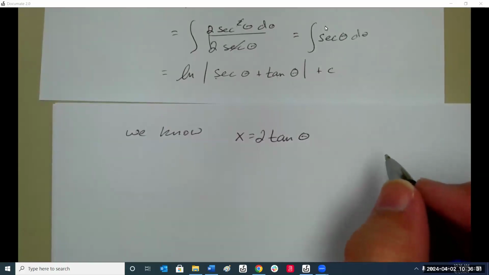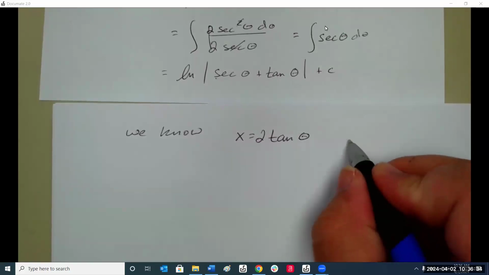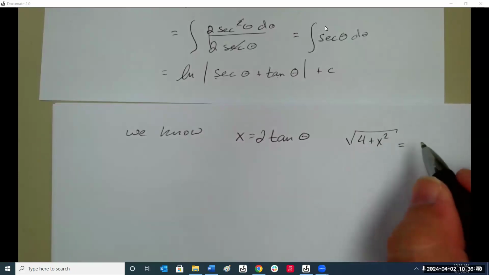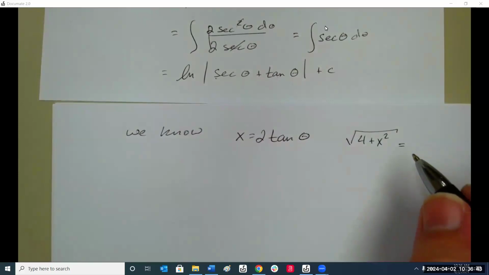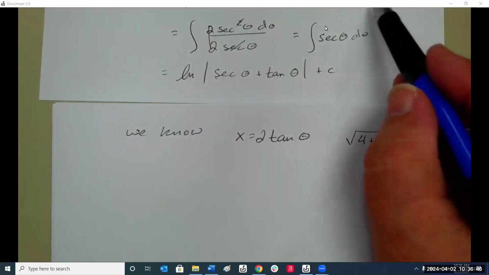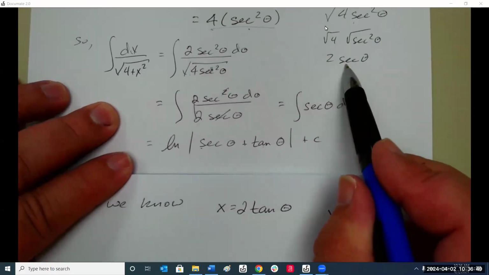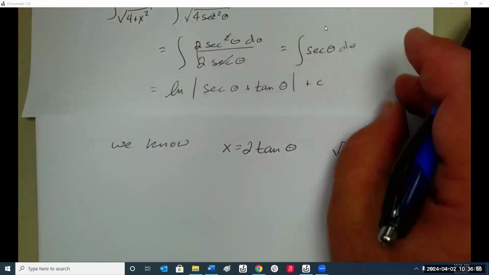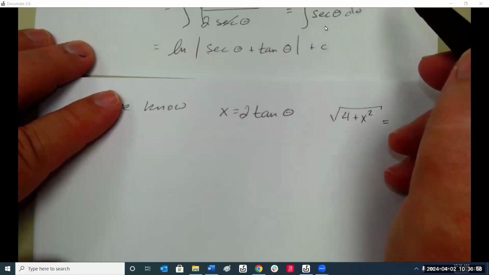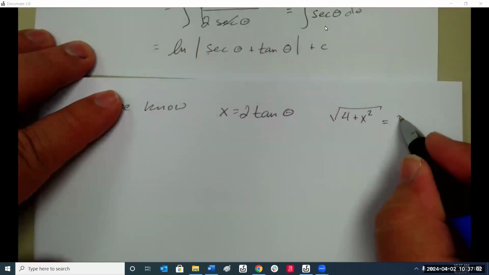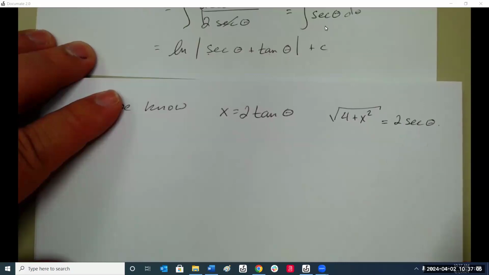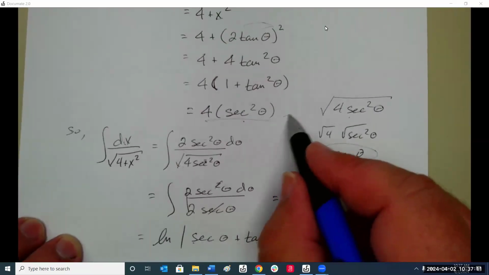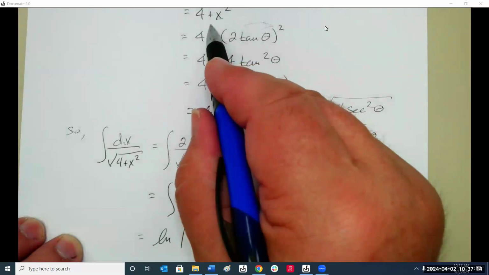And we know that the square root of 4 plus x squared is equal to, no, it's just 2 secant theta, from here. Because all of this came from here.